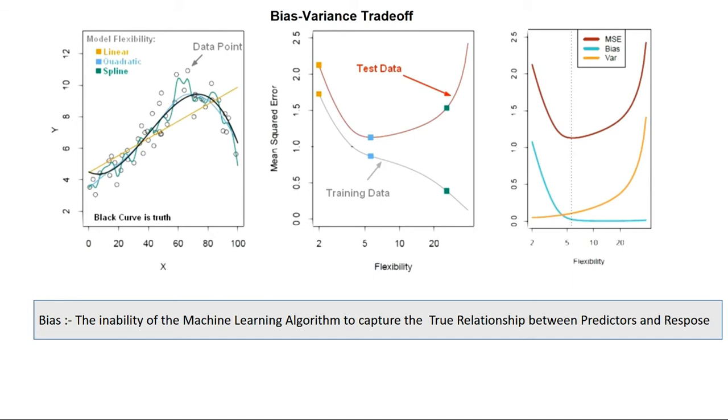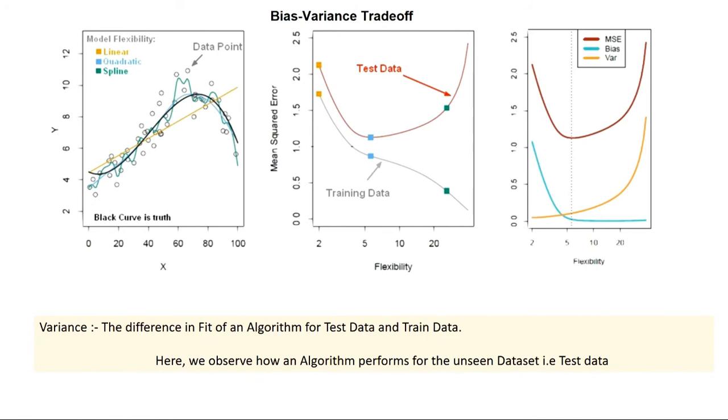Then comes variance. Variance is the difference in fit of an algorithm for test data and for training data. The variance tells us how well a particular algorithm that we have selected to predict the true relationship is able to perform on unseen data.